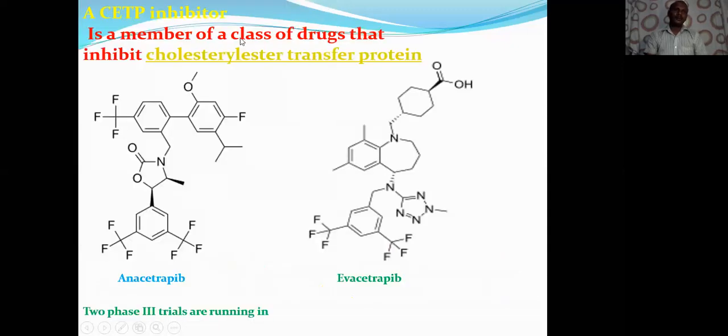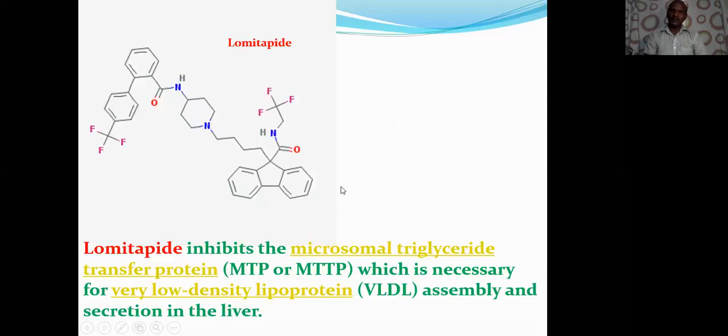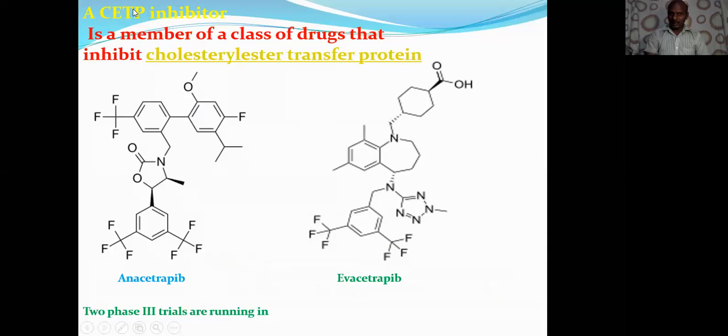Then another one is CETP, cholesterol ester transfer protein. The first one inhibits cholesterol absorption from the GIT. The next one concerns cholesterol ester. Lipids are a combination of an alcohol and a carboxylic acid, and cholesterol is an alcohol.